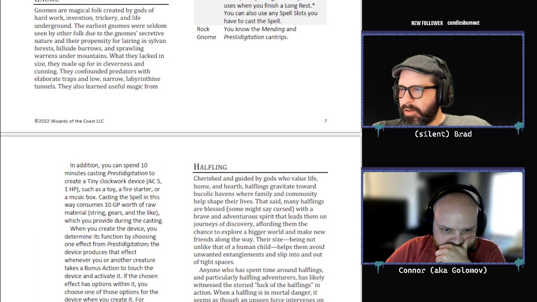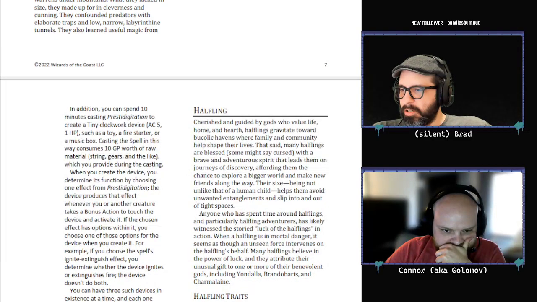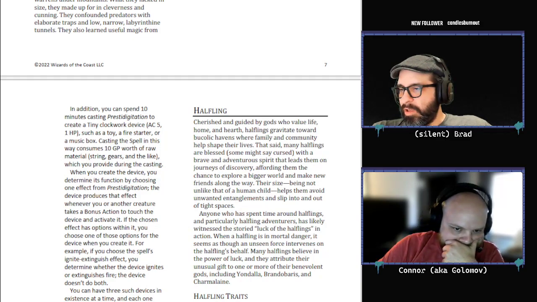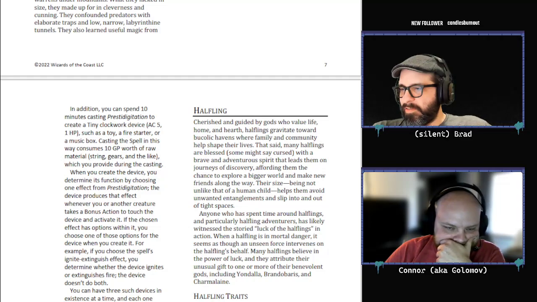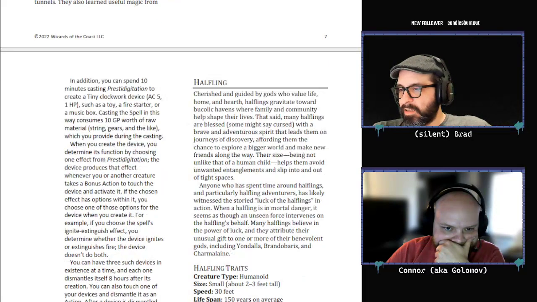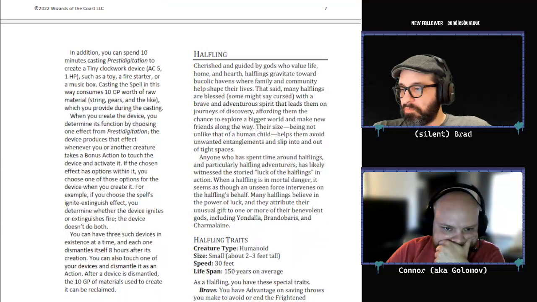And the device can produce one effect of Prestidigitation. So basically, you could make a Roomba. You can have three, and each one dismantles itself 8 hours after creation, and you can get back the 10 gold of materials.